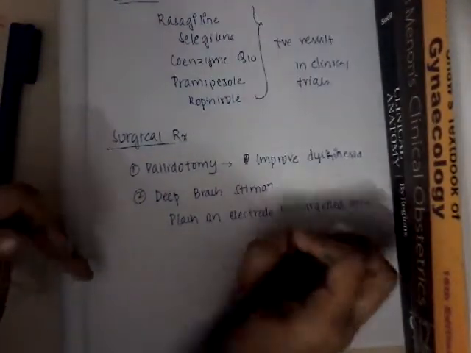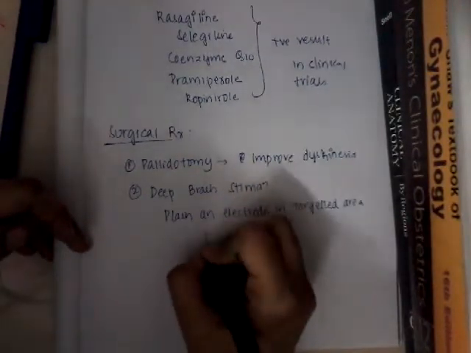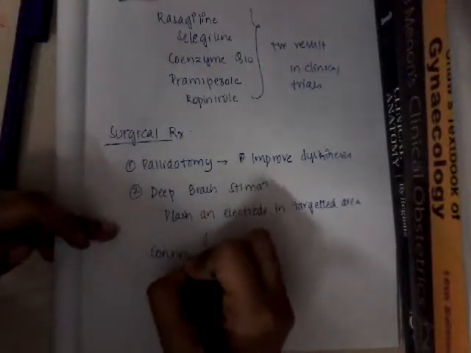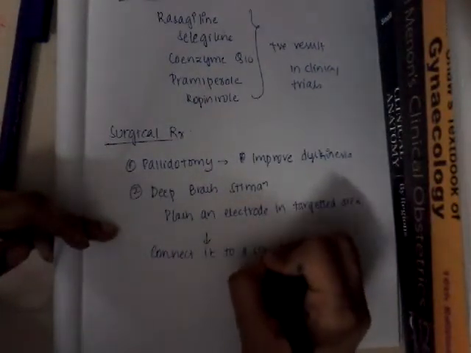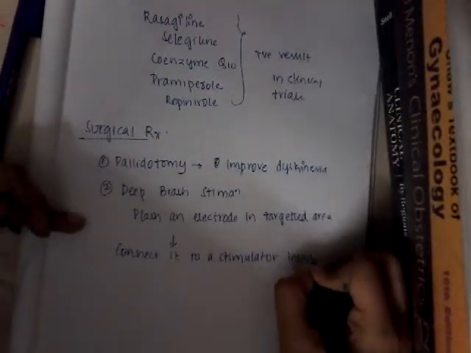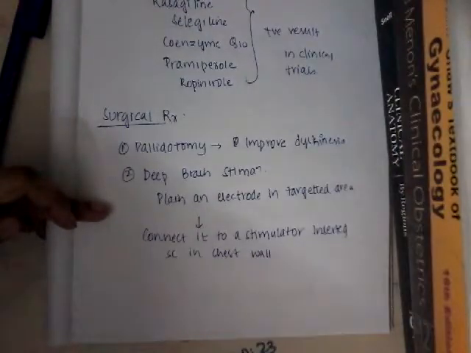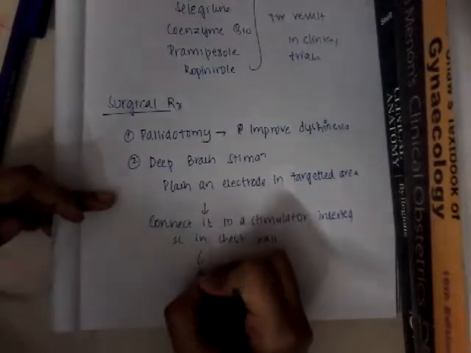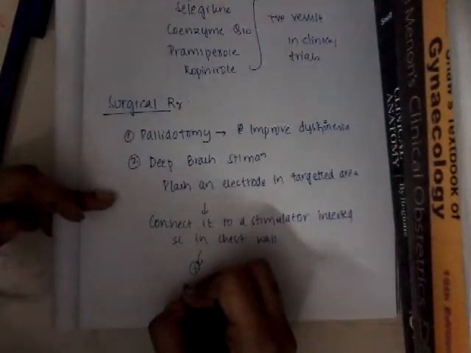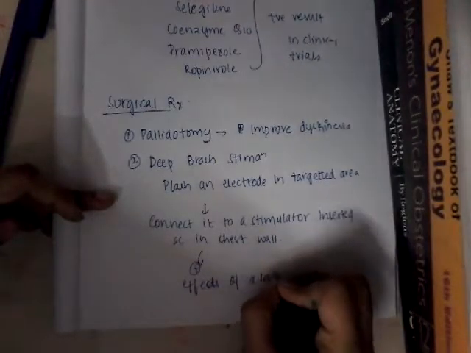We keep an electrode, and then you connect this electrode to a stimulator which is inserted subcutaneously in the chest wall. Now it stimulates the lesion and thus decreases its effects.